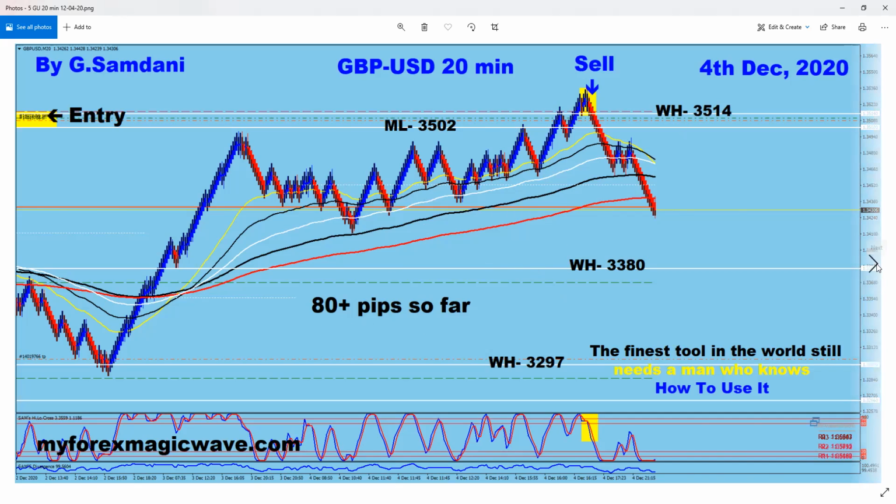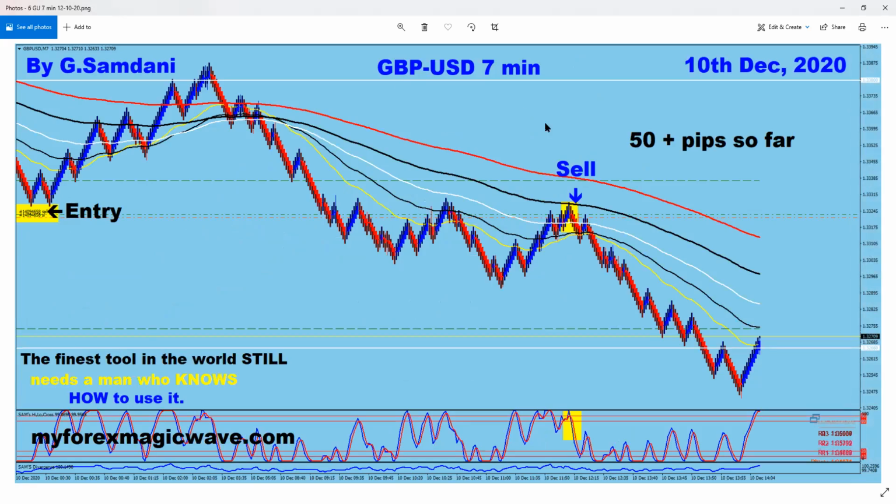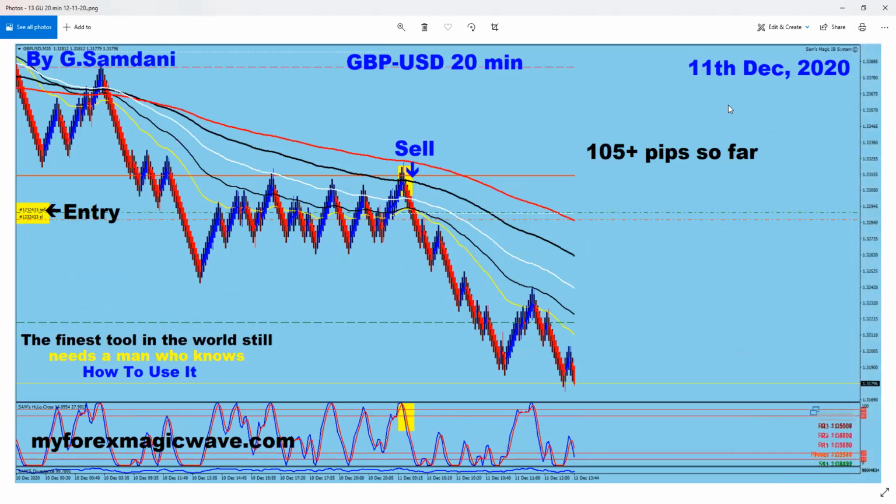And then I took this one here on the 10th from the 7-minute chart, sell entry here. This was an entry here, and then 50 pips, not much. But on the 11th, that's a 105 pip trade to the downside here, pound USD. So far, decent, it's like 50 and 105 and then 80, right? So 105 and 80 is 185 plus 50, right? So 235 out of the 300 pip drop.